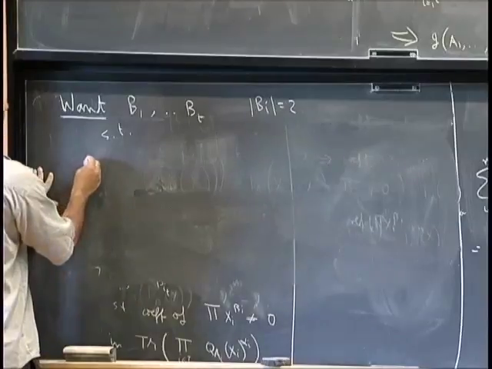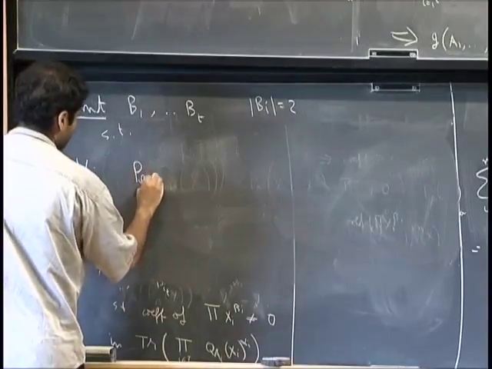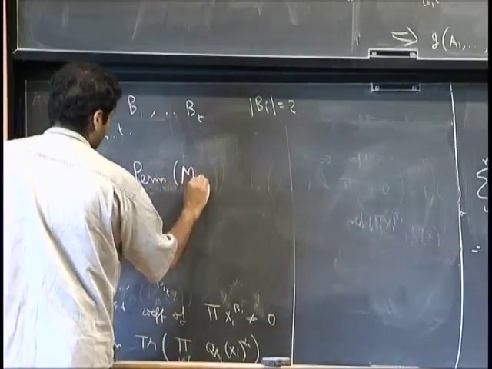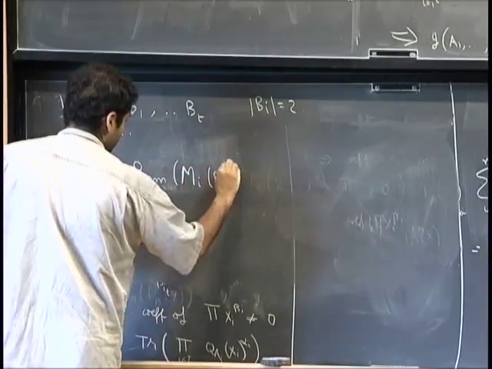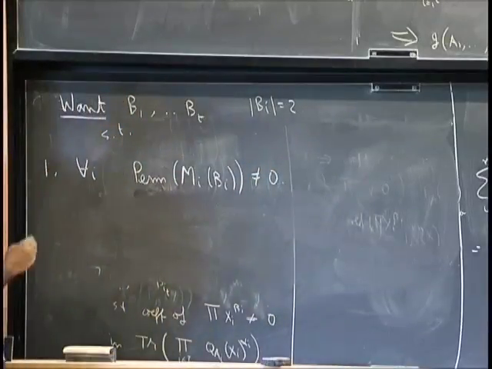So for all i, the permanent of M_i of B_i is non-zero. So this is the first thing I want.